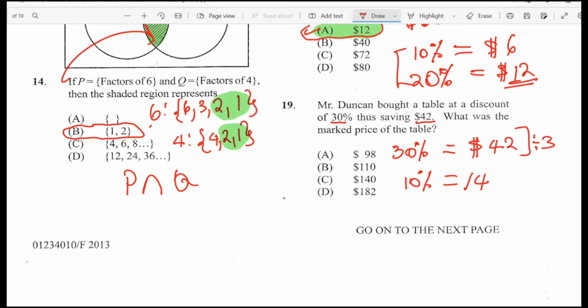Now, if I know 10%, then 100% would mean to add a 0 at the end. So you think of the reverse. If I take off a 0 from 100% to get 10%, then I can simply add a 0 on the 10% to get back 100%. So the multiple choices, they are like that. So the answer would have been $140 for that original price there.